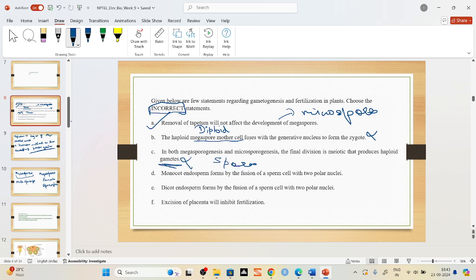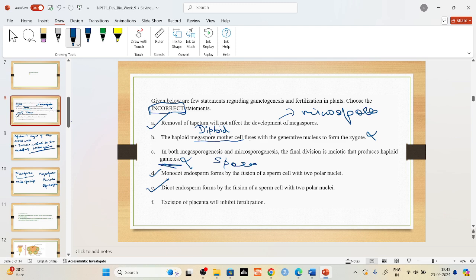So this is a correct statement. Then dicot endosperm forms by the fusion of a sperm cell with two polar nuclei. Yes, it is also correct. Similar to monocots, dicots also form endosperm by the fusion of a sperm cell with two polar nuclei. So this is again a correct statement.